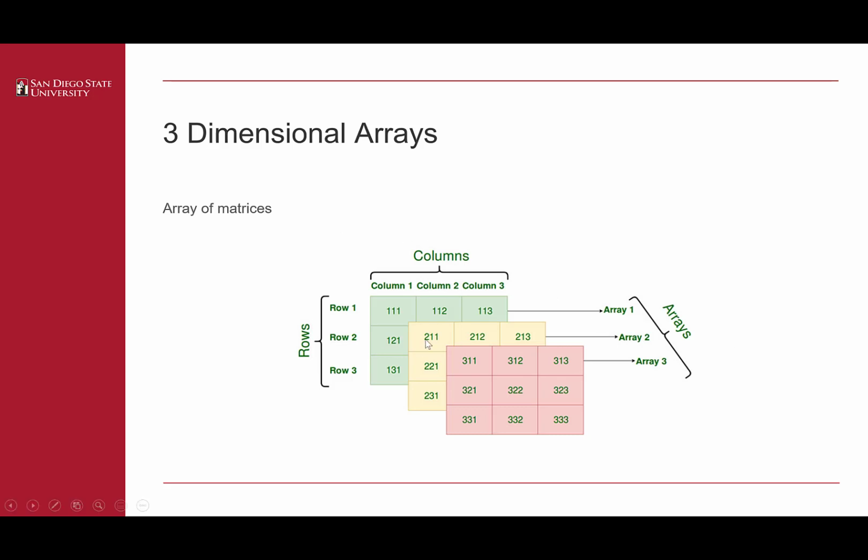As you can see in here, there are 3 matrices, and each matrix has 3 rows and 3 columns. So right now we have rows, we have columns, and we have matrices.